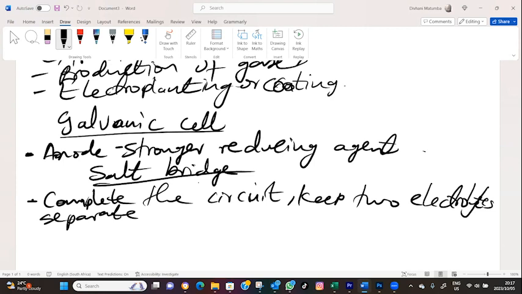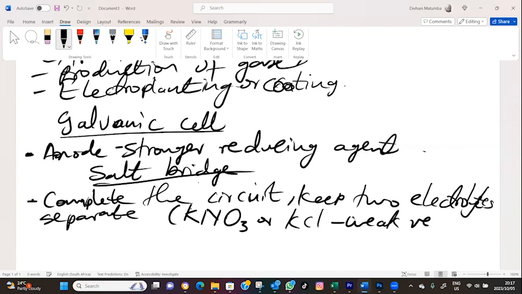And typically, these are the typical salt bridge chemicals used. Or KCl. Usually these are weak reducing agents. Okay.